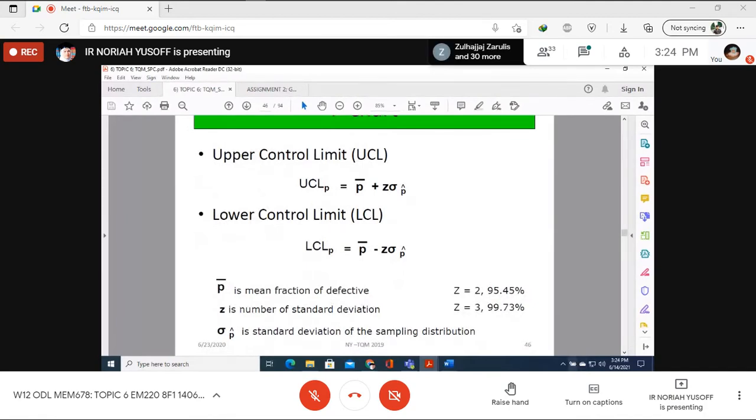So in this example, let's say the mean fraction of defective is given, katalah berapa dia value. Then if Z value is 2, then the Z control limit is 95.45%. At any time the confidence, your process will be operating within this control limit value. Maksudnya tu, your confidence level. And then Z equivalent to 3 is 99.73. Okay.